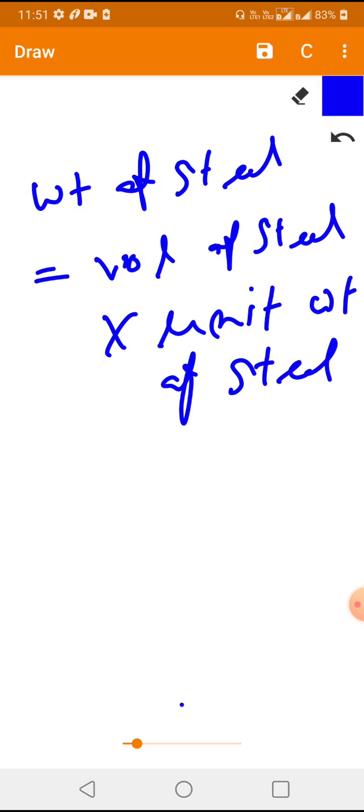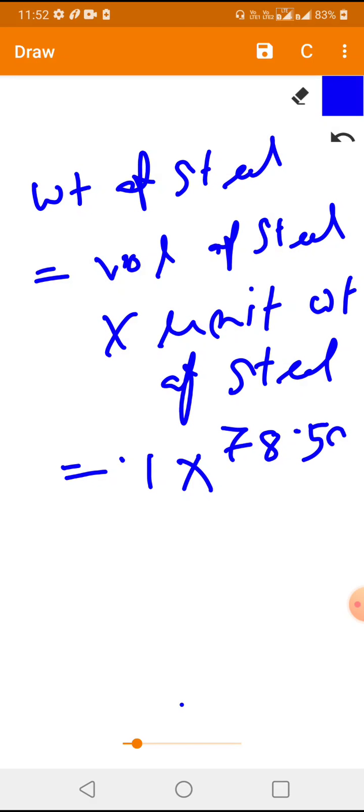Now the volume of the steel we have found out to be 0.1 cubic meter, and the unit weight of the steel is 78.5 quintal per meter cube.